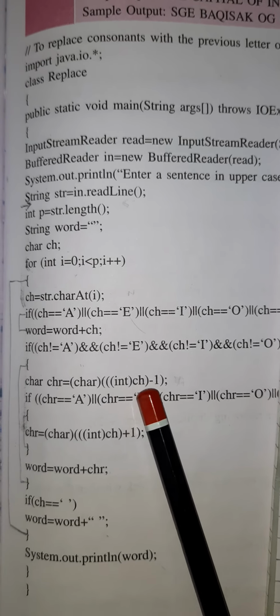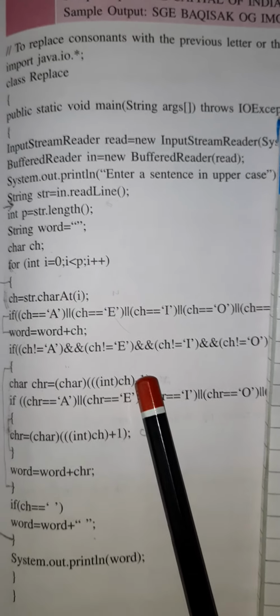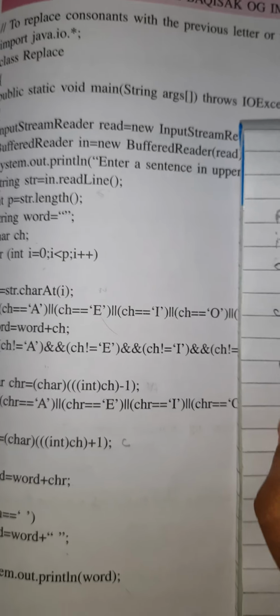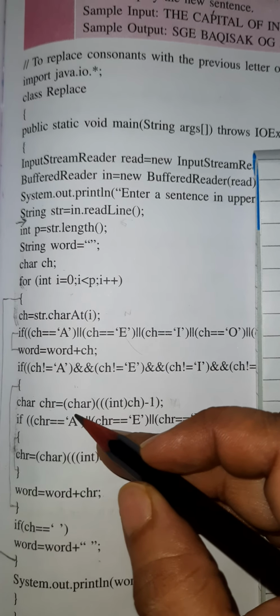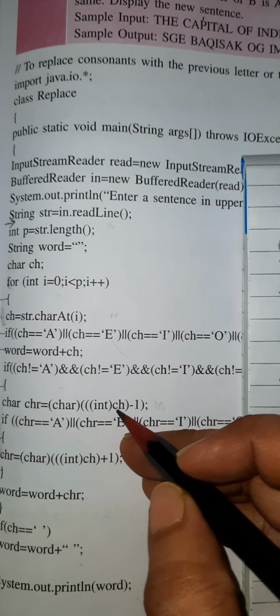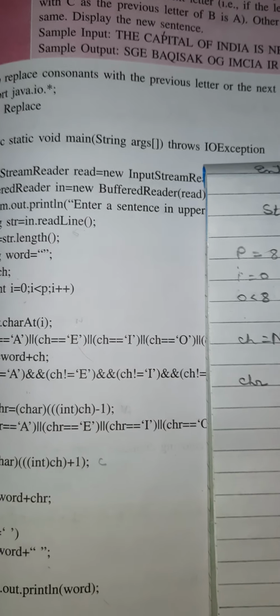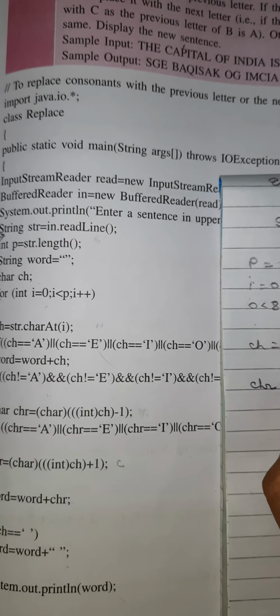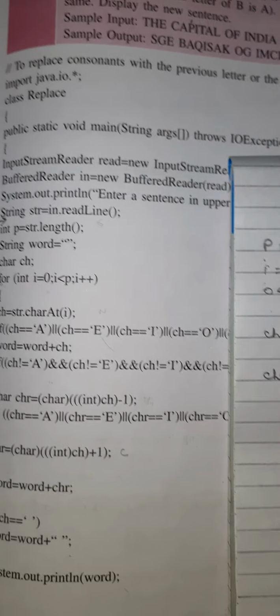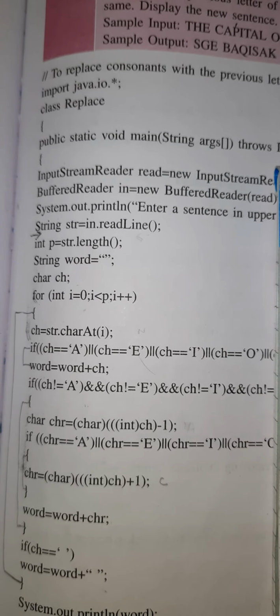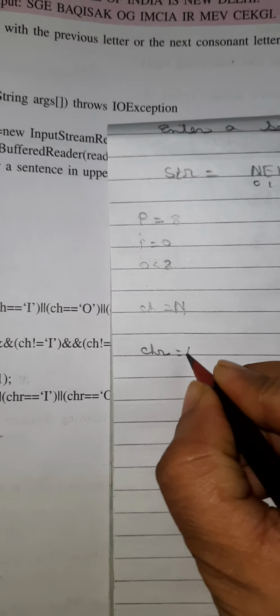After coming to this part, it will write chr is equal to, it is converting, so ch is N, so N minus 1. N minus 1 means it will go to the previous letter, whatever the ASCII value of N is, minus 1, so the previous letter will be M.